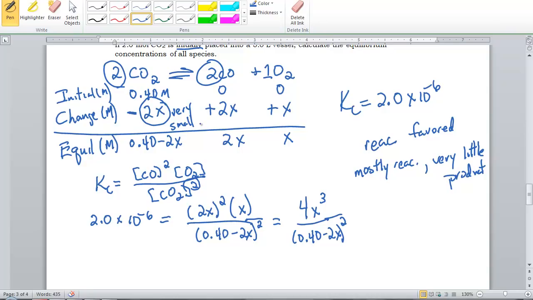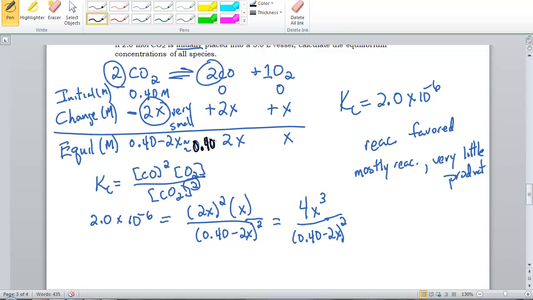And it's so small, we're going to assume, and again, we're making an assumption here that's going to simplify our calculation, we're going to assume it's small enough that 0.4 minus a really small number is going to stay approximately 0.4. Let me write that in black.